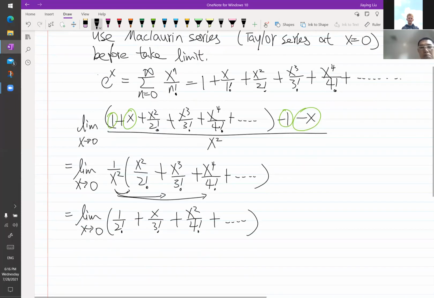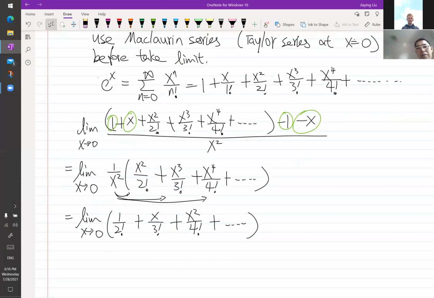All the terms that I'm not writing out always have an x in the numerator. As x goes to 0, this term goes to 0 because x is in the numerator. This x squared also goes to 0. All the terms that I didn't write out always have an x in the numerator, so they all go to 0. We just end up with 1 over 2 factorial, which is 1/2.